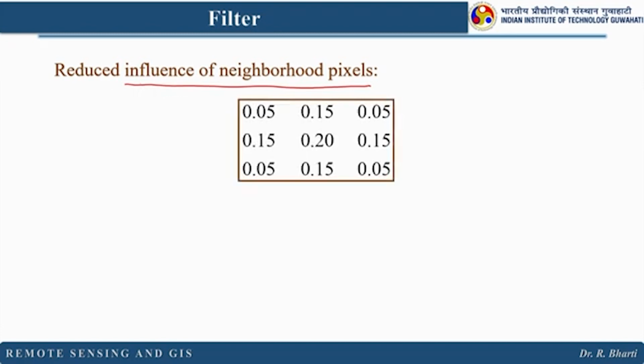So here, this is 0.05, 0.15. We have weightage for all the 3 by 3 pixels, and if you see, the central pixel has got the maximum weightage. Why? Because we want to perform this filter on the central pixel. The value we get will be used to replace this particular value 0.20.